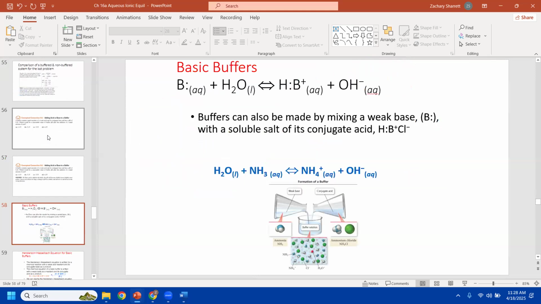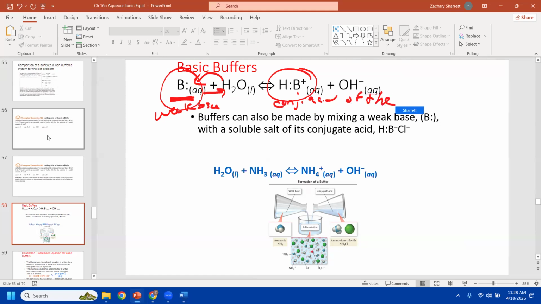So with the basic buffers, I just talked about this. A basic buffer is exactly the same, right? If a buffer, this is the weak base. Okay, so this is a weak base generically. When we react it with water, it pulls a proton off to make BH plus. This is the conjugate acid of the weak base.